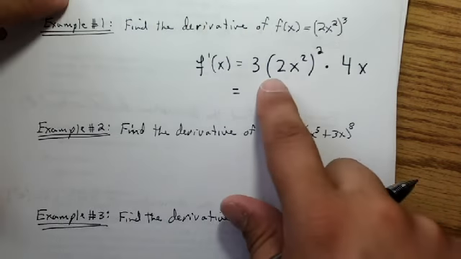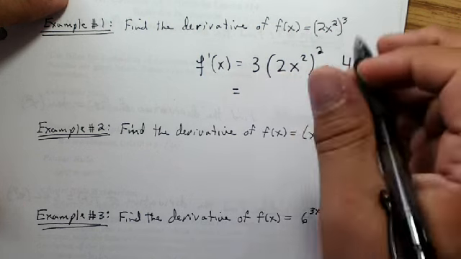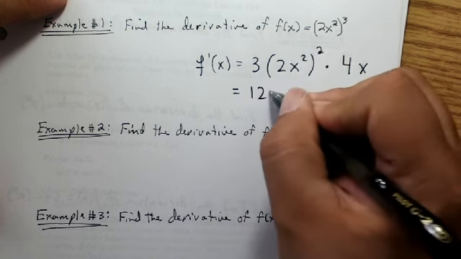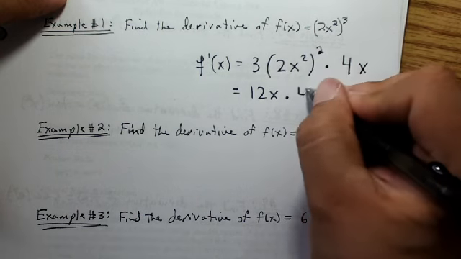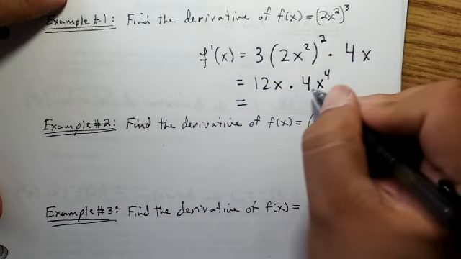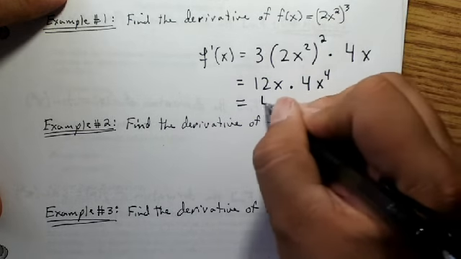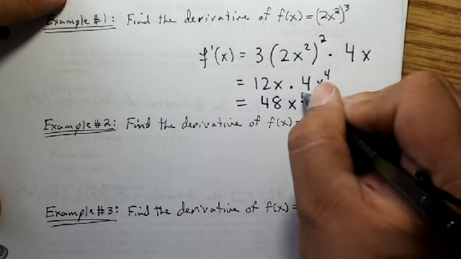Sure. This would be 3 times 4x, that would be 12x, times 2x squared, that would be 4x to the 4th, and that would give us, at the end, 48x to the what? 5th.